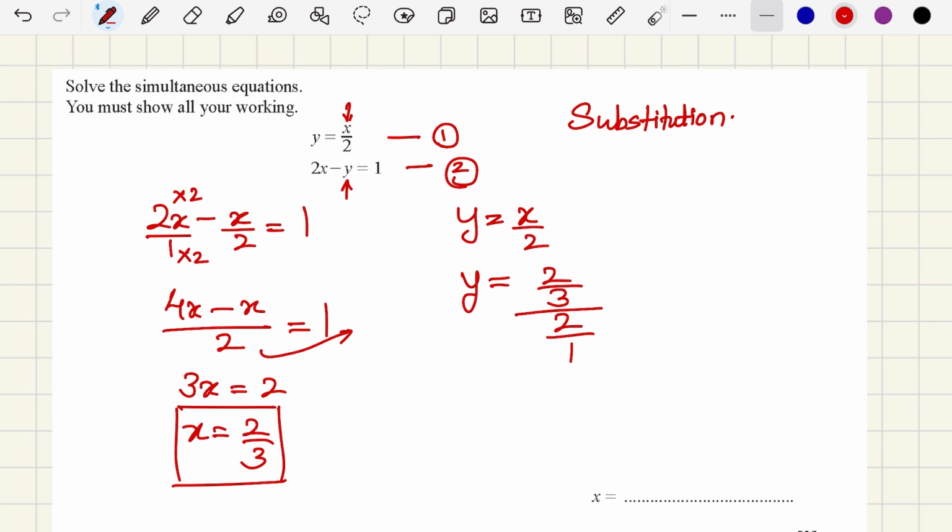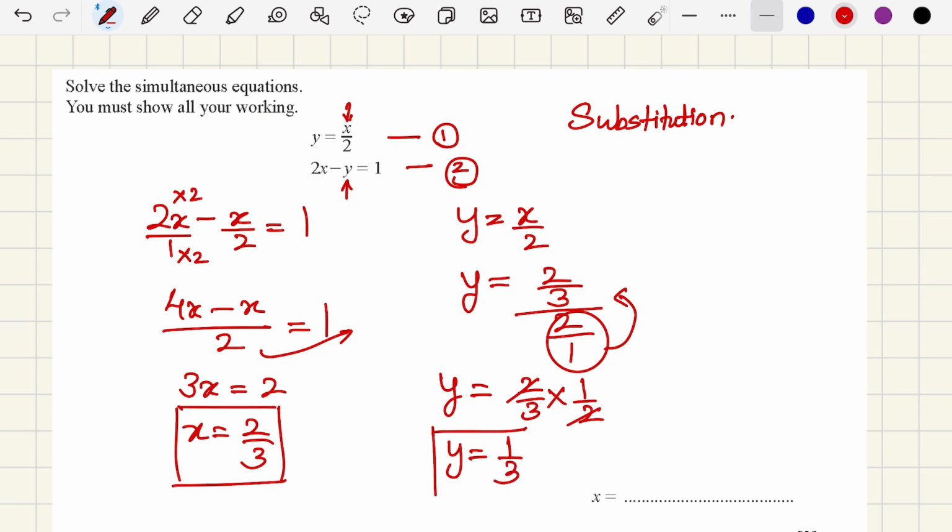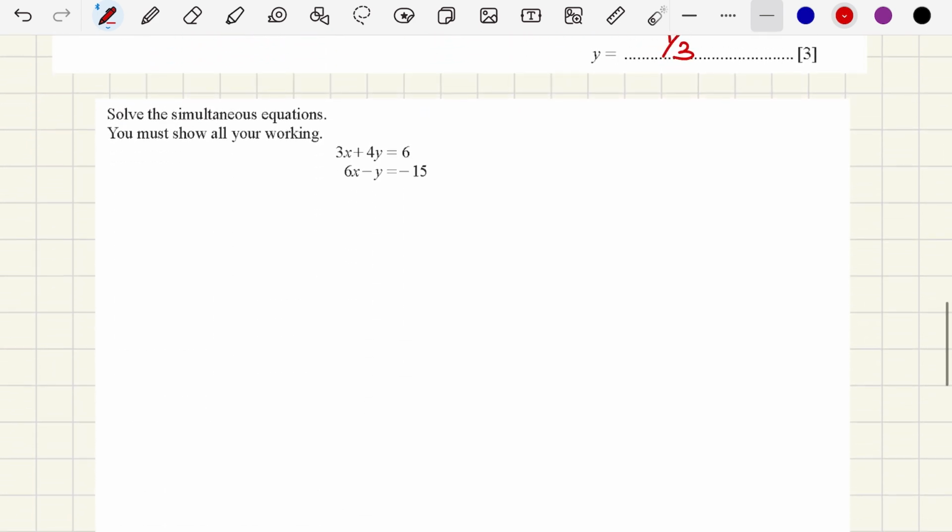How do you solve this? The second fraction goes up and gets multiplied with the first fraction, and reciprocates. So 1 by 2, therefore the 2s go away. So y equals 1 by 3. So the x value is 2/3 and the y value is 1/3.